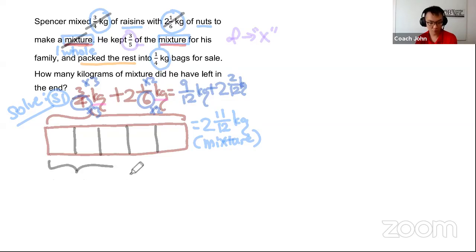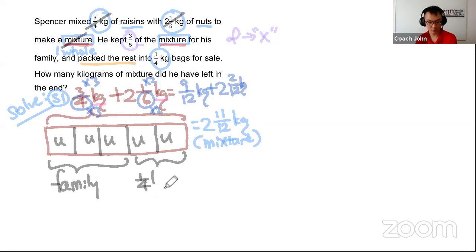Three used for family, and the 2 out of 5 units. All right, maybe I can use this, for 1/4 kg. Or you can say split into individual bags.